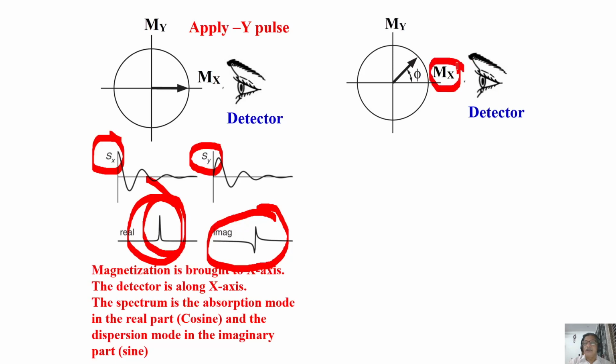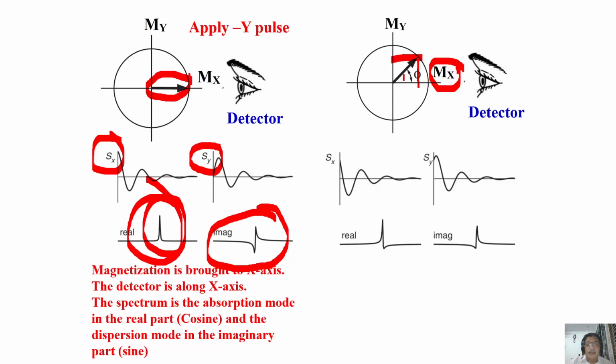Now the magnetization Mx is not maximum like what you expected when all these spin packets or vectors are brought to this axis, creating phase coherence. Here we have brought it at, let us say, some angle phi, say 45 degrees. Now you have to resolve them into two components. Cosine and sine components are both present here.